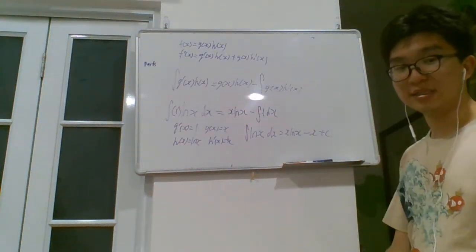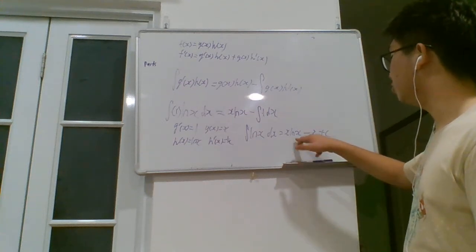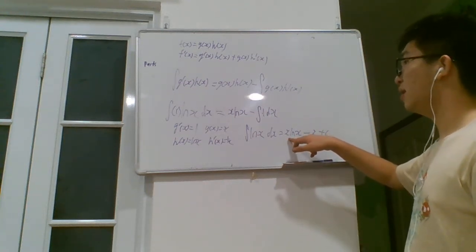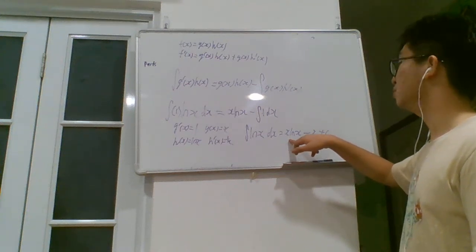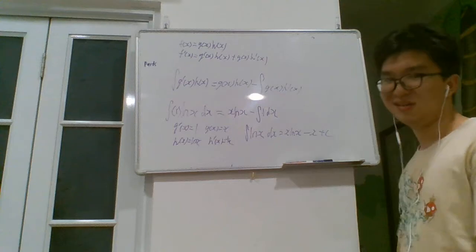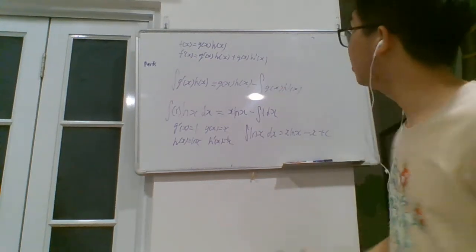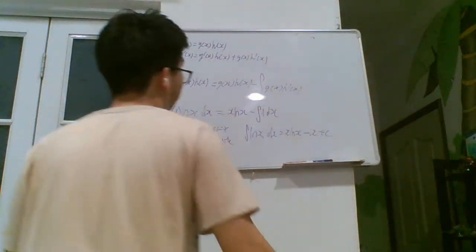So as you can see, if you differentiate this, you will get ln x plus 1 minus 1, and then you will get ln x. Pretty cool, right? So what about an example where you have to do integration by parts multiple times?